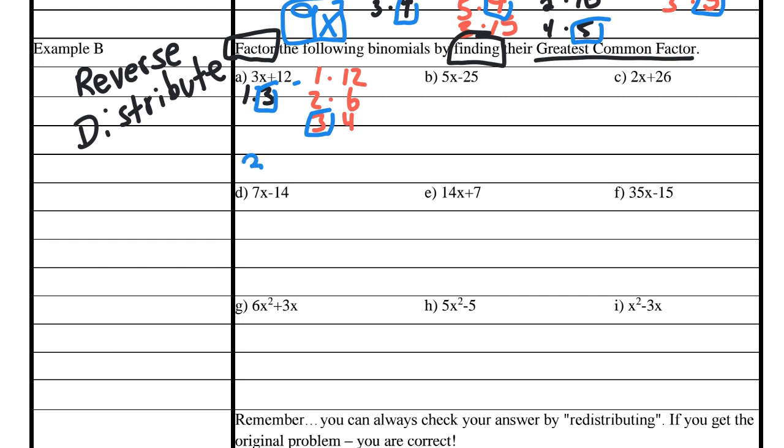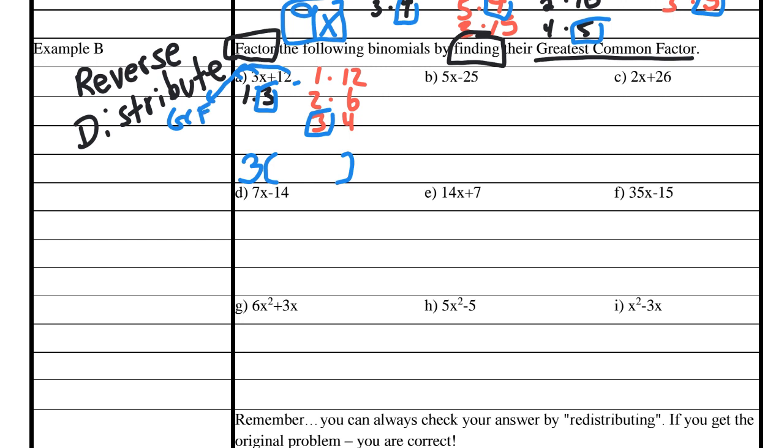So I write my greatest common factor in front, and then I'm going to put parentheses around something. So what goes inside the parentheses? Well, reverse distributing means I am pulling out something, okay? What am I pulling out? I'm pulling out the greatest common factor, so I'm pulling out that 3.